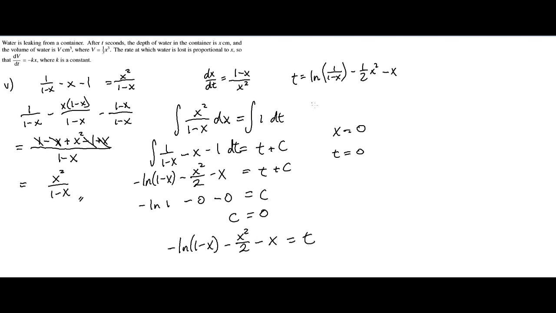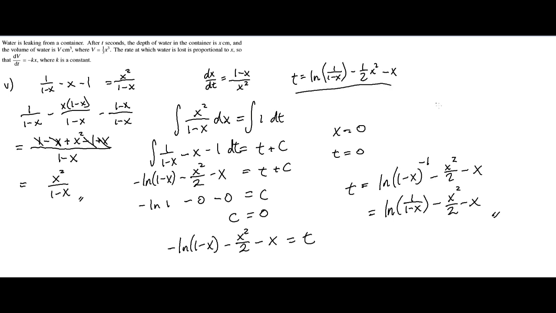But what we want is to have this expression, so the negative moves to the top as a power, so t is equal to natural log of (1 minus x) to the minus 1, minus x squared over 2 minus x, and that can be multiplied inwards: the natural log of 1 over (1 minus x), minus x squared over 2 minus x, which is the same as this expression.